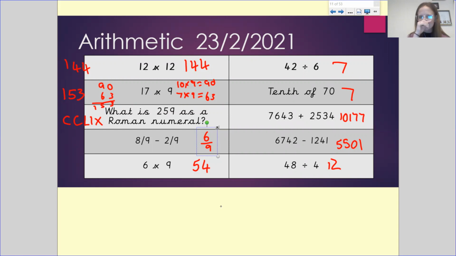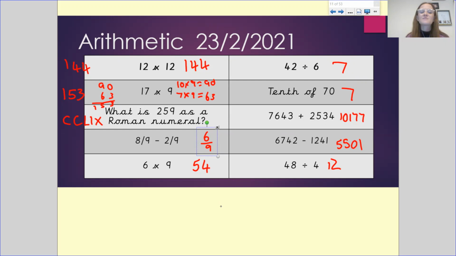Then 10 times 9 is 90, 7 times 9 is 63, and I've then added them together and got an answer of 153. With the Roman numerals, 259, the Roman numeral for that is CCLIX. If we break that down, CC is for 200, L is 50, and IX is 9.